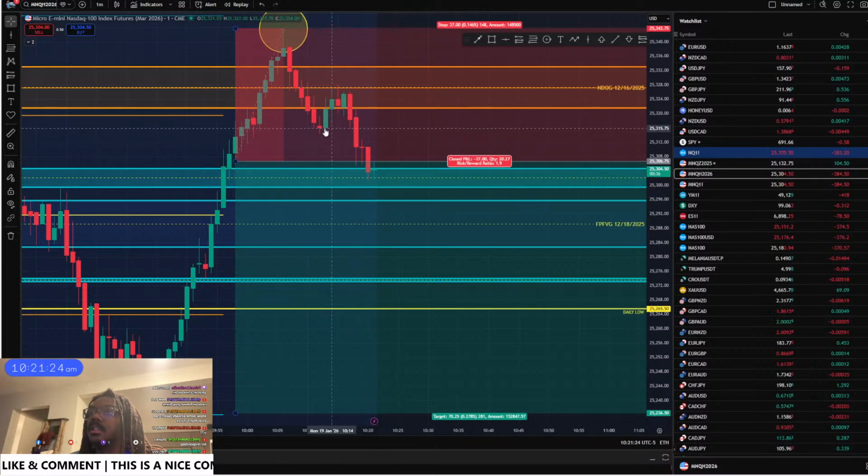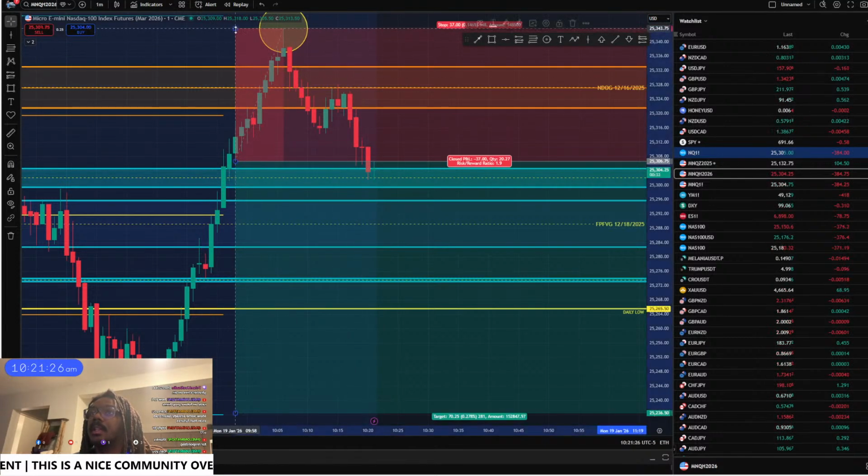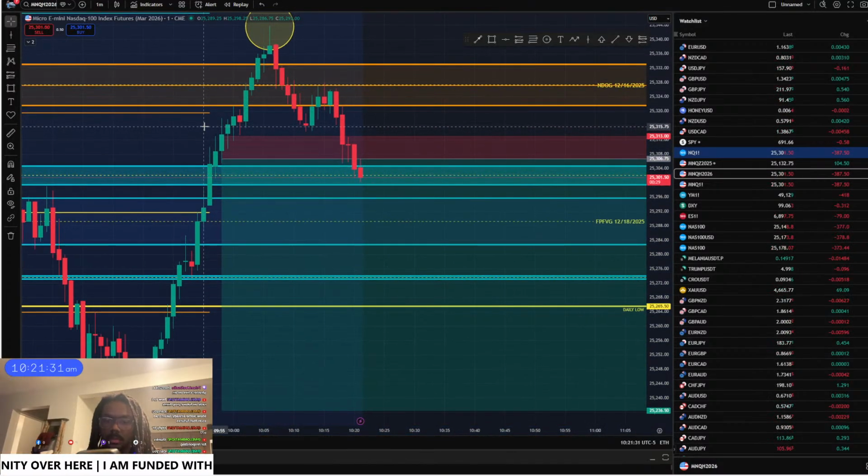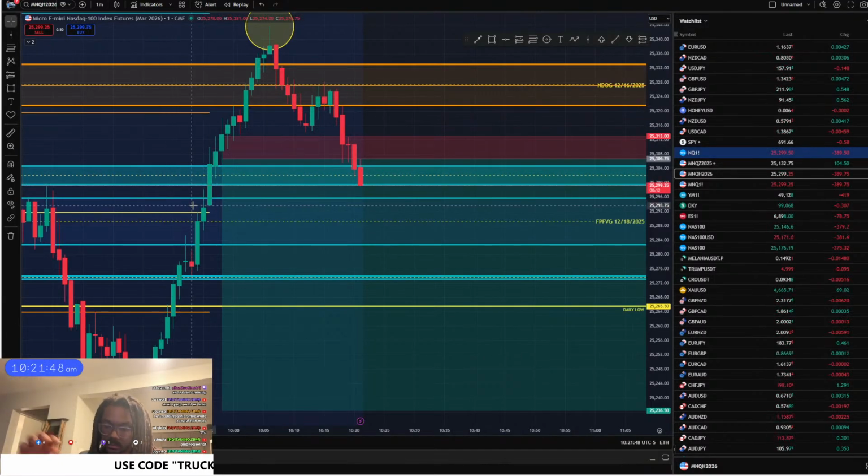So right here, I should be able to move my stop to like right here, but I really don't want to rush it too fast. Okay, I'm up quite a bit now.